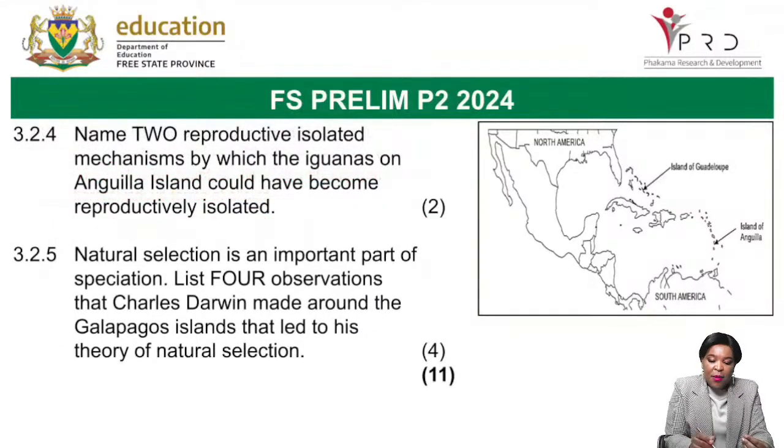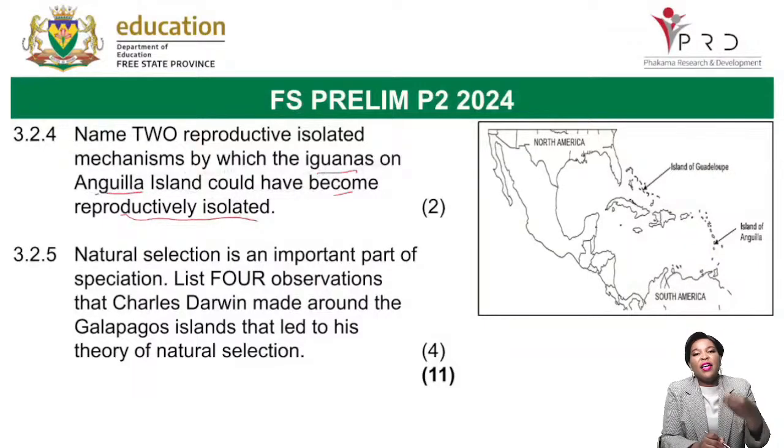Then name the two reproductive isolating mechanisms by which iguanas on the Anguilla Island could have become reproductively isolated. So now that they are not able to interbreed, what are those mechanisms that can make them reproductively isolated? Think of those things that I was telling you, breeding at different times of the year, infertile offspring. You see, now you are applying what you've learned.